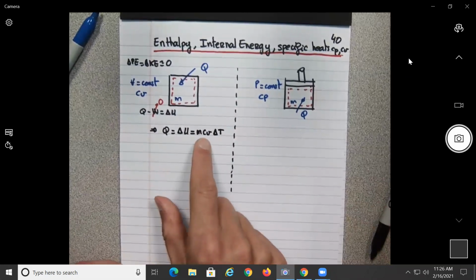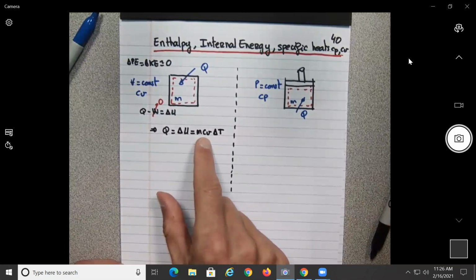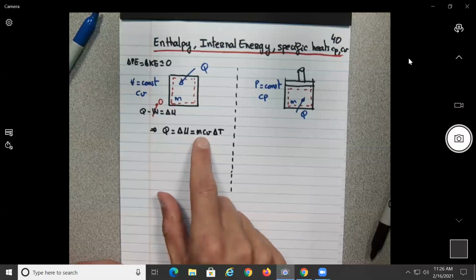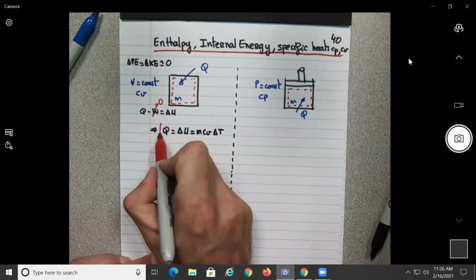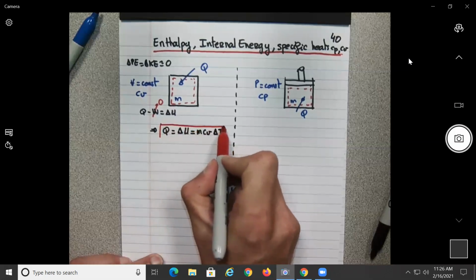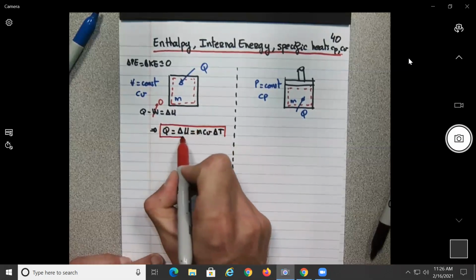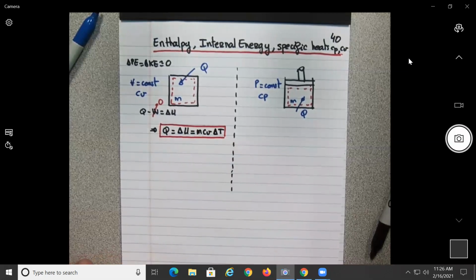Yeah, I hope you remember that from the previous class. For an ideal substance, you can say this is equivalent to mCv delta T. All right.